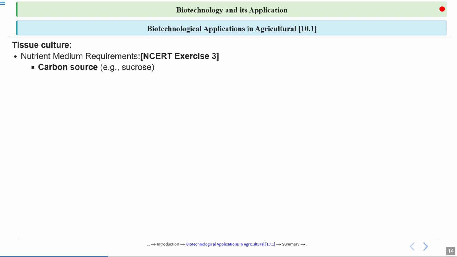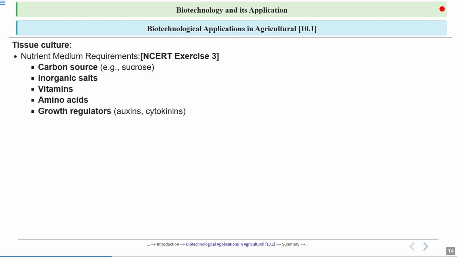The nutrient medium first requires a carbon source, that is sucrose. Then it requires some inorganic salts, then some vitamins, then some amino acids, and then some plant growth regulators, that could be auxin or cytokinins.